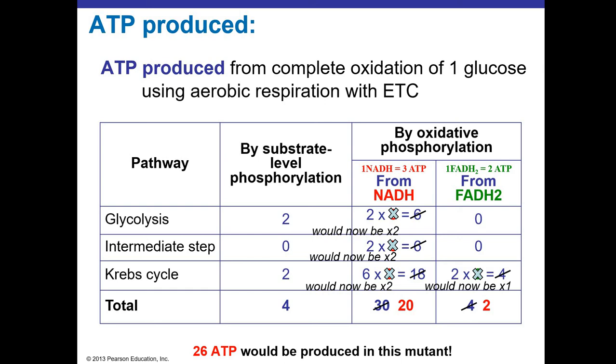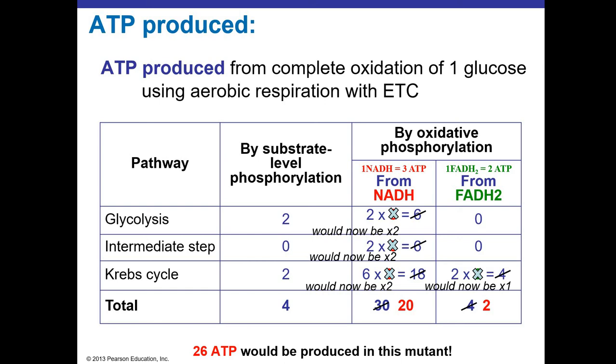For the FADH2, the exchange rate normally is 1 FADH2, and that gives us 2 ATP because normally we utilize the 2 pumps, the coenzyme Q and the cytochrome A3, but if we knock out the cytochrome A3, all we have are the 2 protons from that coenzyme Q pump.